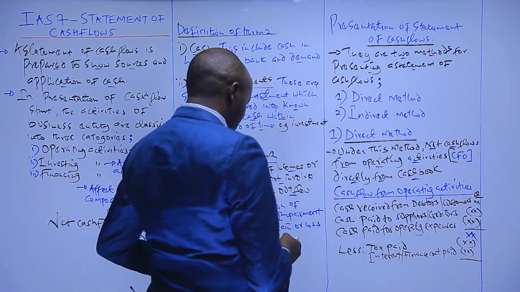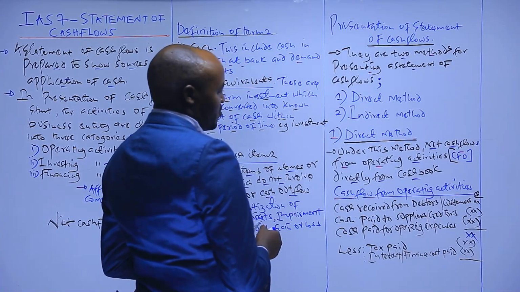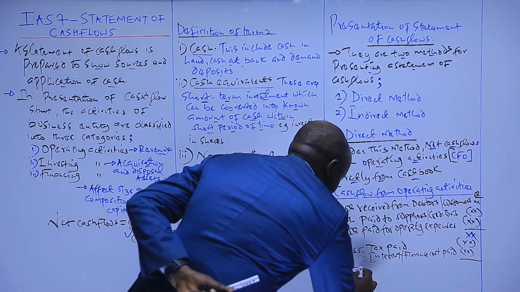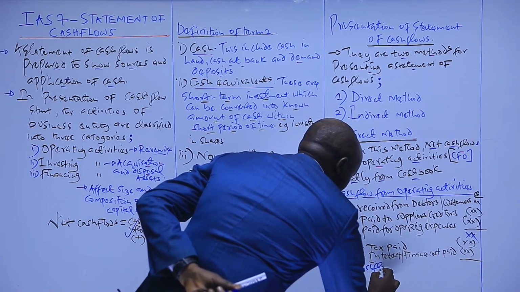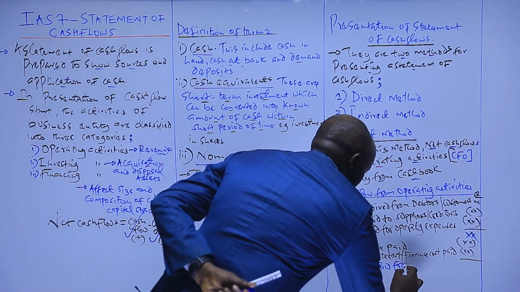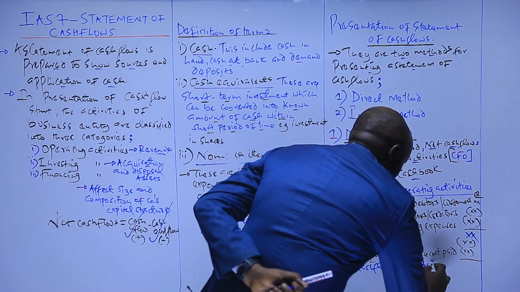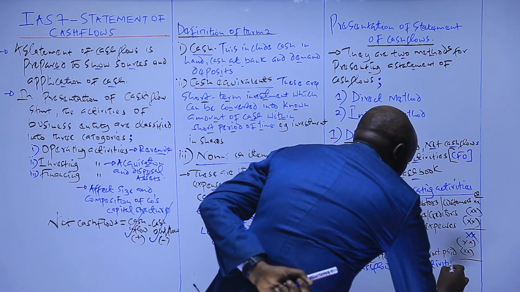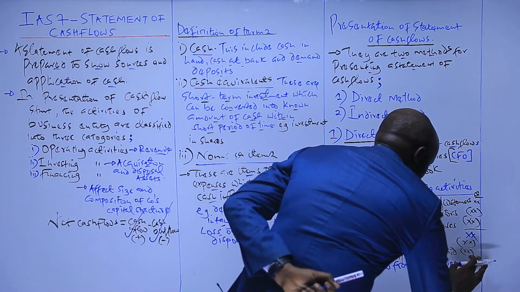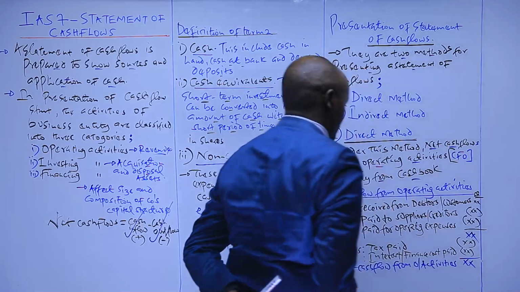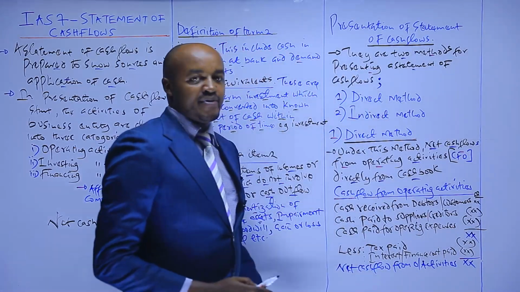And then what we get down there is now what we refer to as the net cash flows from operating activities. So that's how we determine that.